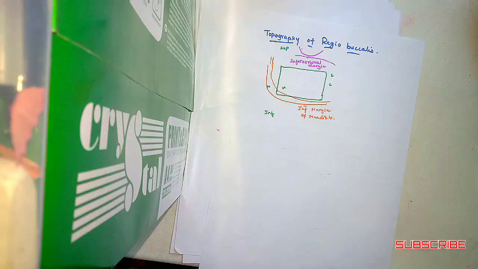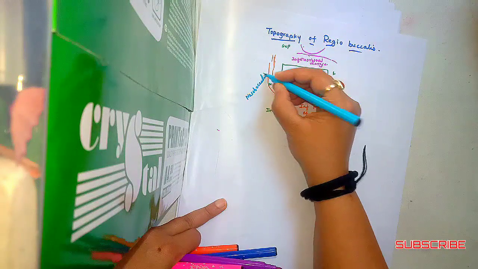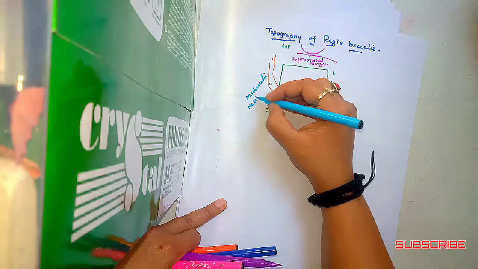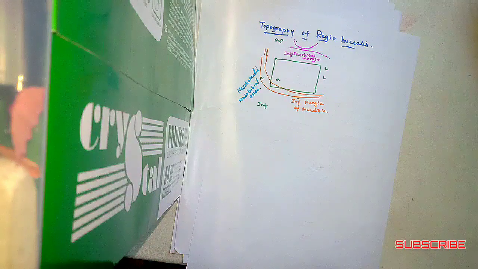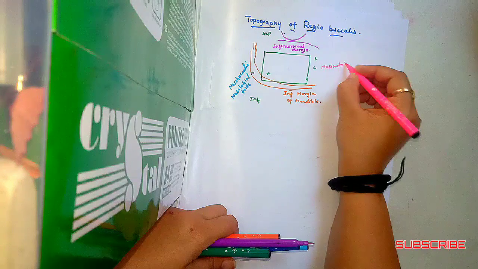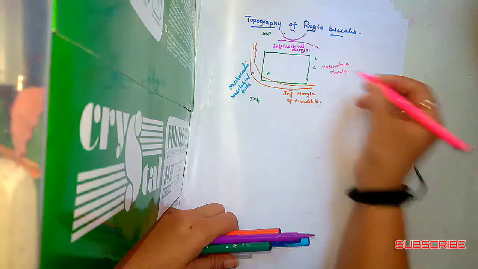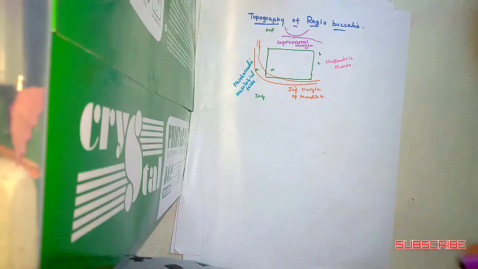Now medially we have the same nasobuccal and nasolabial folds. And laterally we have the anterior margin of the masseter muscle. The masseter muscle is the muscle of the face which helps in chewing.